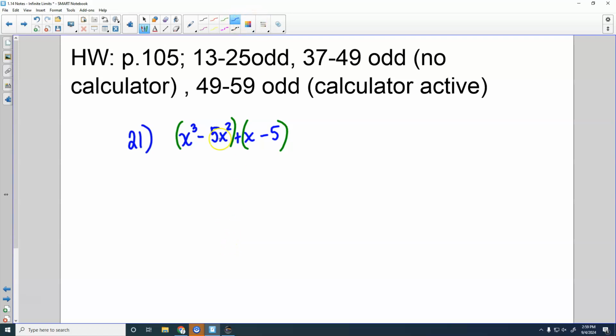Out of that first part, you could pull out an x squared, and that would leave you with an x minus 5. And out of the second one, you really can't pull anything out, so you could just put a 1 here, x minus 5. Since both of these have x minus 5s, you can factor that out front.